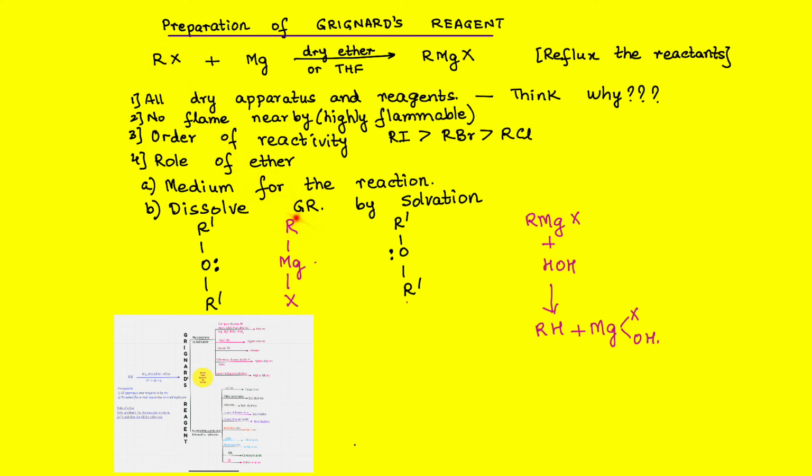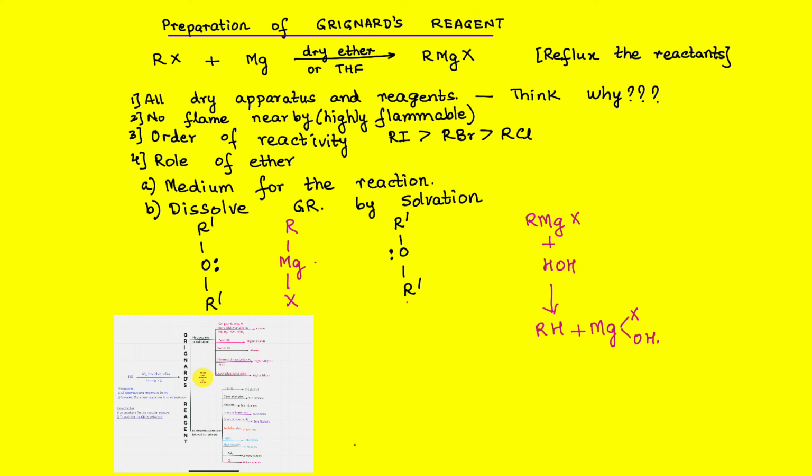At the same time, it keeps the Grignard's reagent cool and calm and satisfied, so that the highly electropositive magnesium does not get excited and want to run around.